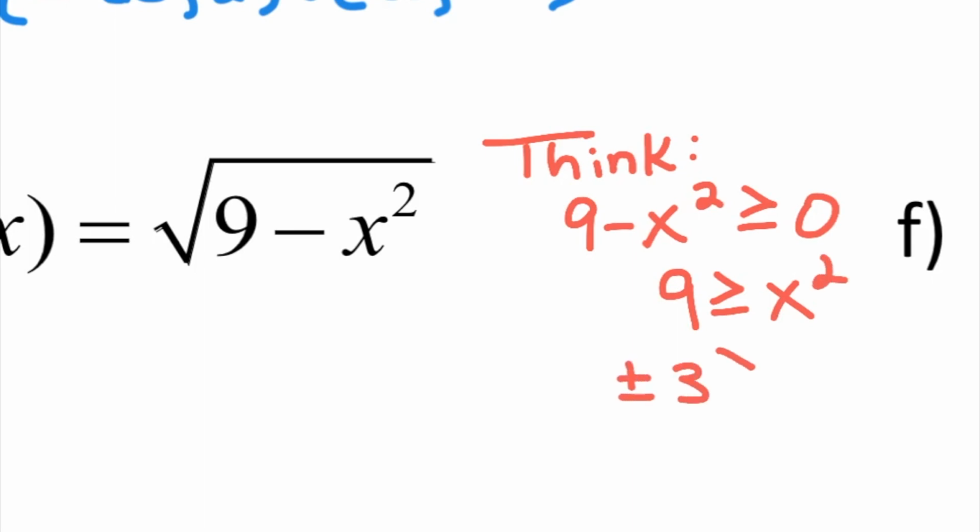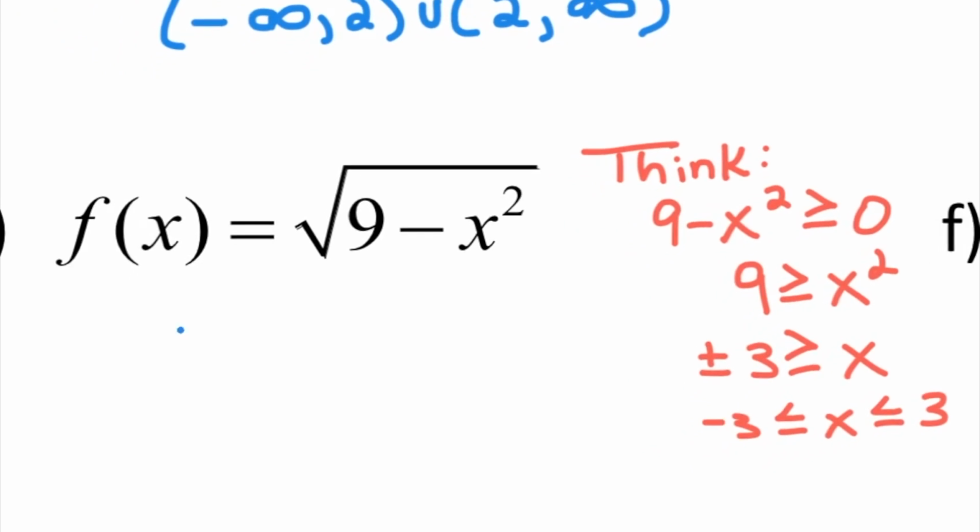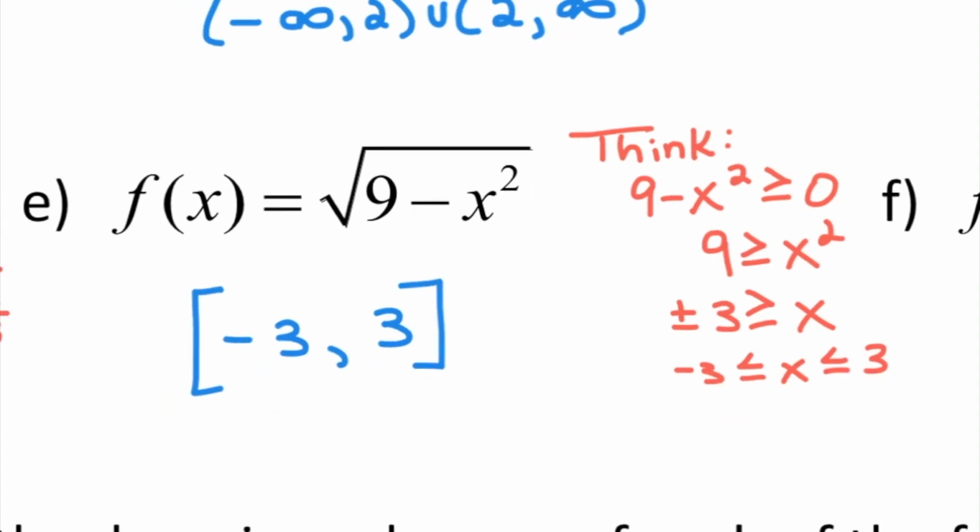Plus or minus 3 has to be greater than or equal to x, and that's technically the absolute value of x. So really the thinking here is from -3 to x to +3. So x is between -3 and +3. And the way that you would write that, including the -3 and the +3 in interval notation, would be -3 to +3 with square brackets.